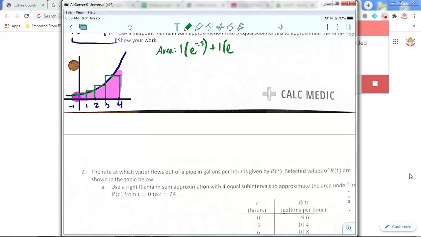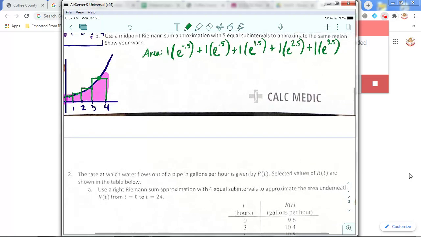The height of the next rectangle is the point between 0 and 1, which is positive 0.5. So we're just finding the value of the function at that midpoint. This last midpoint is between 3 and 4, which is 3.5. Then this is an approximation of 52.035, and that's just from typing it in the calculator.